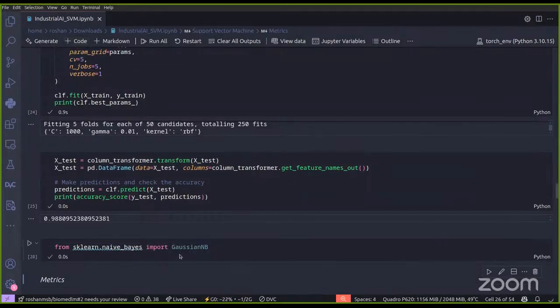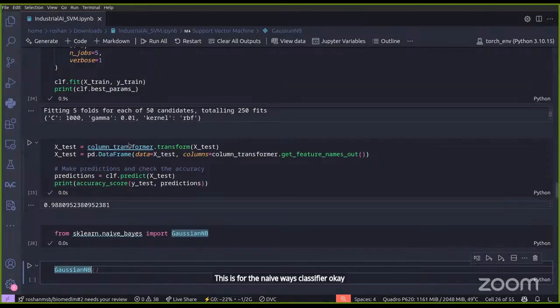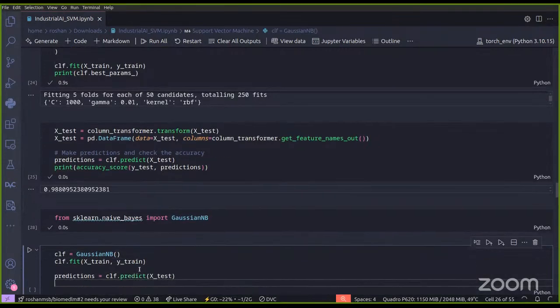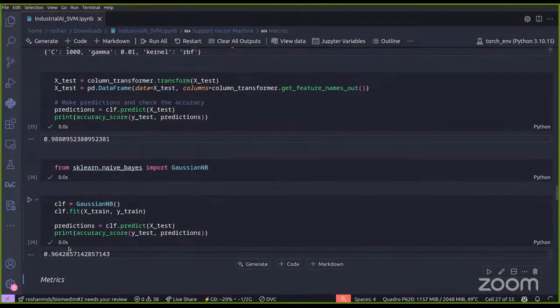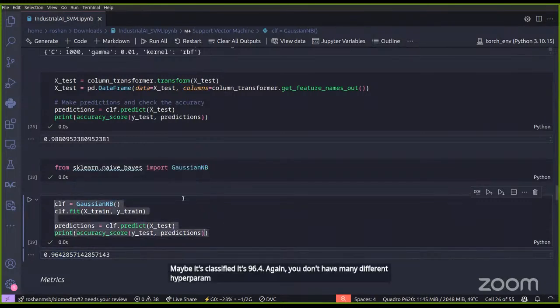This is for the naive Bayes classifier. Naive Bayes classifier, it's 96.4. Again, you don't have many different hyperparameters to play with here in the naive Bayes case.